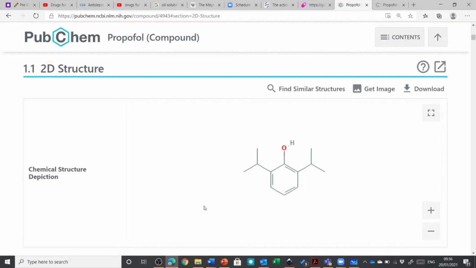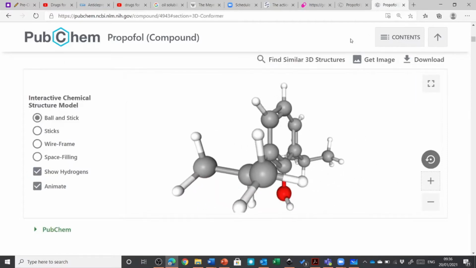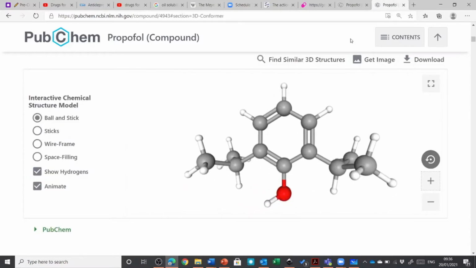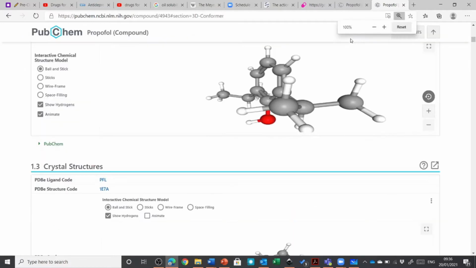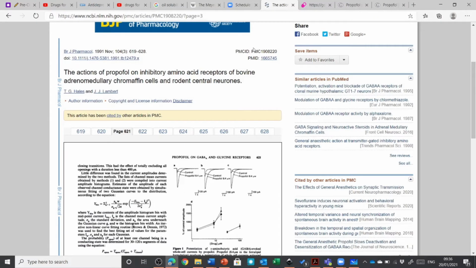The most commonly used general anaesthetic today is Propofol, and this is the structure of Propofol. As you can see, it's quite a simple molecule, and this is what it looks like in 3D. Propofol is known to act as an allosteric potentiator of GABA receptors.